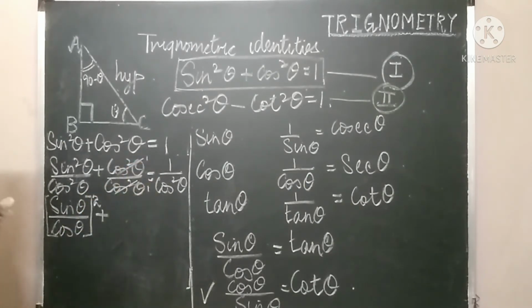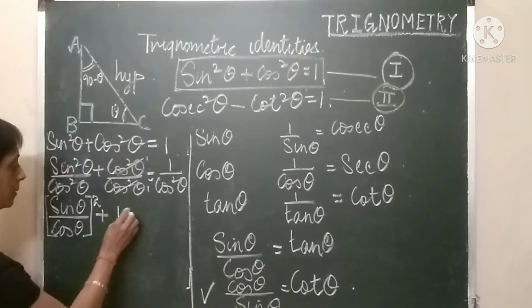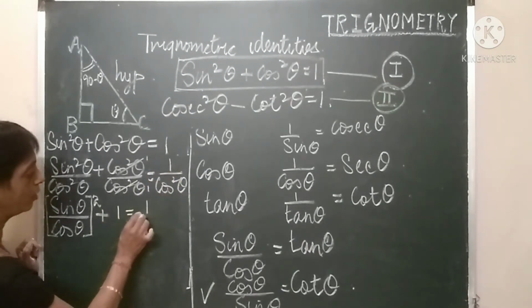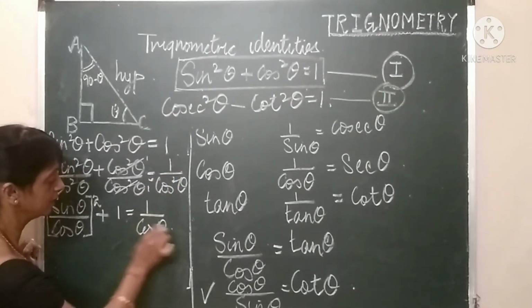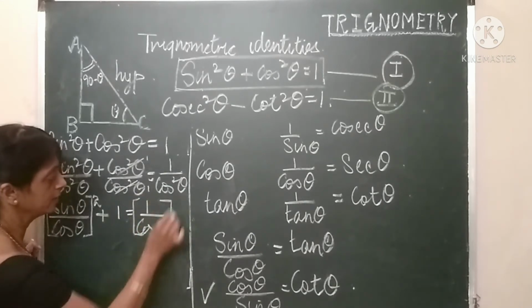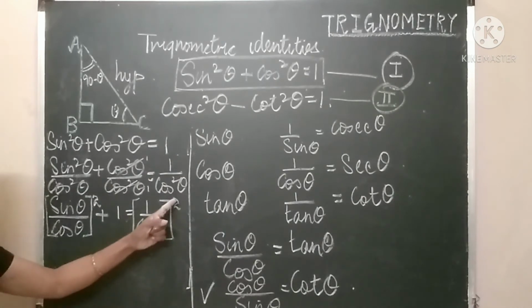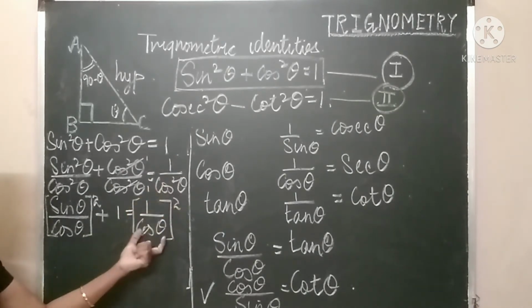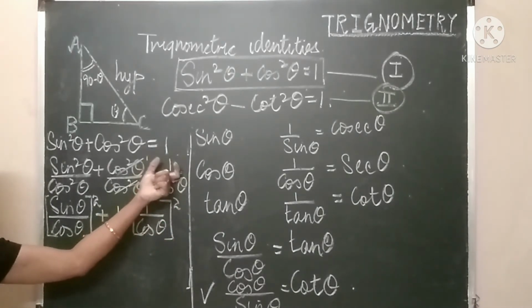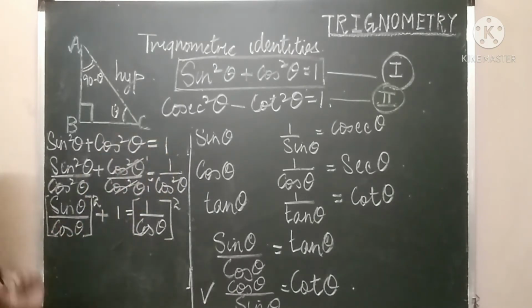So you are left with only 1, which is equal to 1 upon cos theta, the whole square. Because 1 square is 1, cos theta the whole square is cos square theta. So definitely you are getting the same term back which is in the preceding equation.